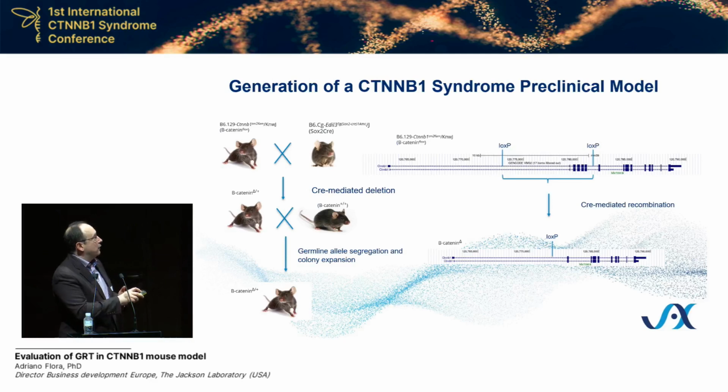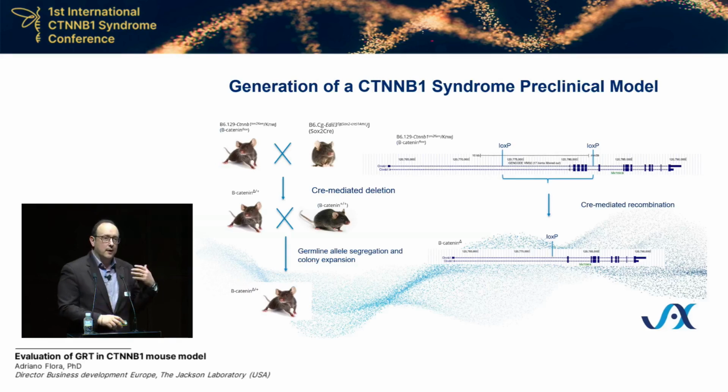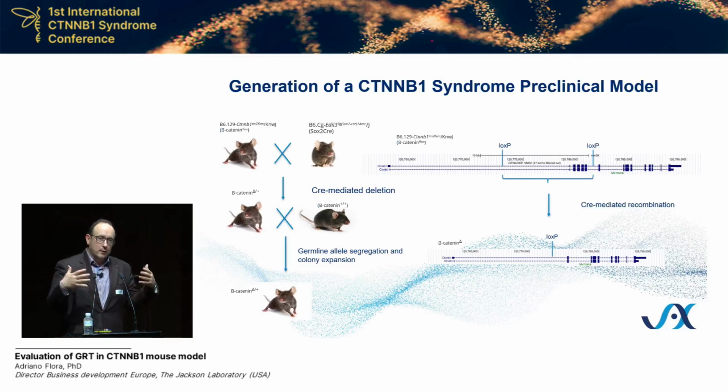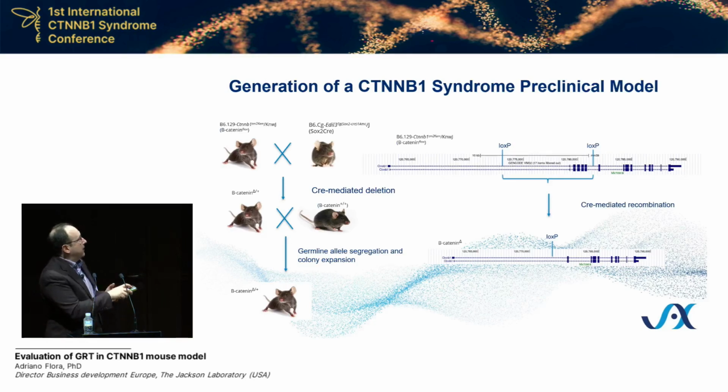Therefore, in normal conditions, its activity is normal. So a mouse with two copies of this conditional allele will be perfectly normal. However, in the presence of a protein called Cre recombinase, these two LoxP sites will be recombined together, and the region in between is going to be completely deleted. In the specific beta-catenin allele, 5 exons will be deleted upon Cre-mediated recombination.